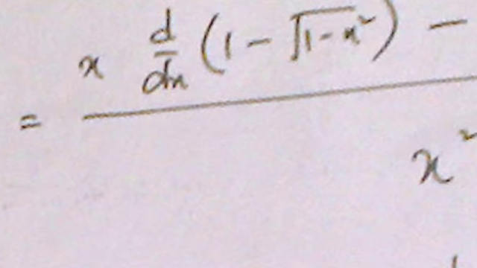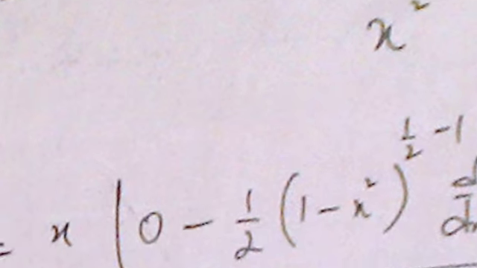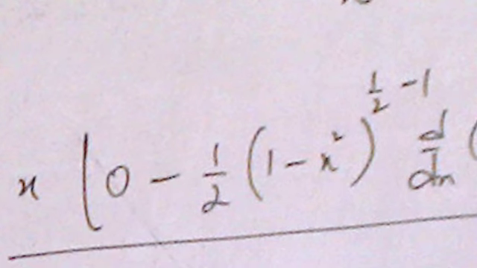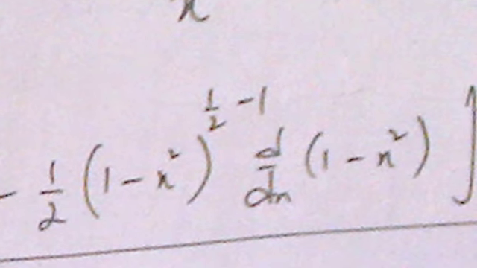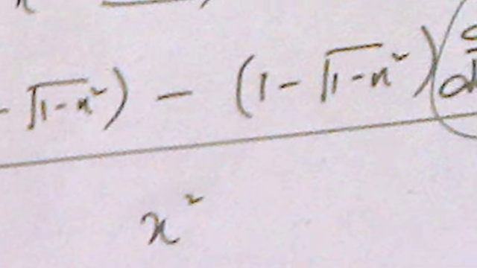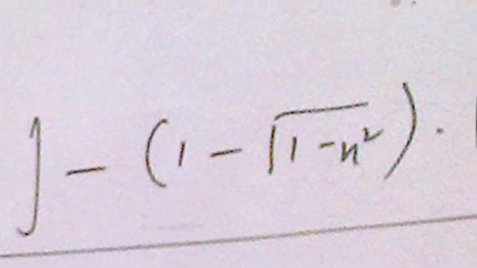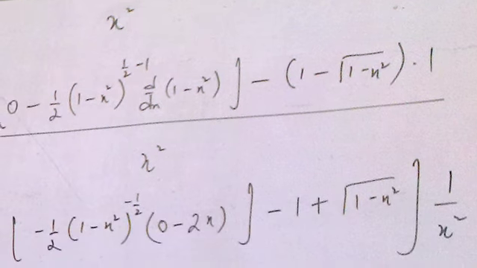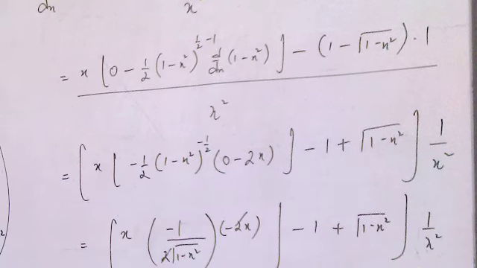Now the derivative of 1 is 0, and derivative of square root of 1 minus x is 1 by 2 minus 1, and then derivative of the base, and in the next term we have derivative of x, it is equal to 1, and in denominator we have denominator square, meaning x square.